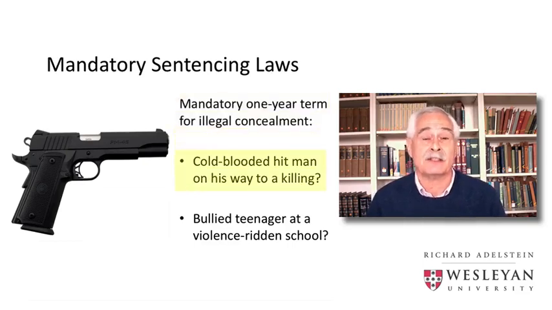One of these defendants, we'll assume, is a cold-blooded contract killer, perhaps an organized crime figure who makes a living by killing other people, and this just happens to be all in a day's work for him. He was arrested, we'll assume, as he was going to his latest contract killing, carrying a concealed weapon, and so he's brought before the judge, who is asked to pass sentence for this particular crime. The judge might have very little difficulty sentencing this particular defendant to the mandatory 1-year term.